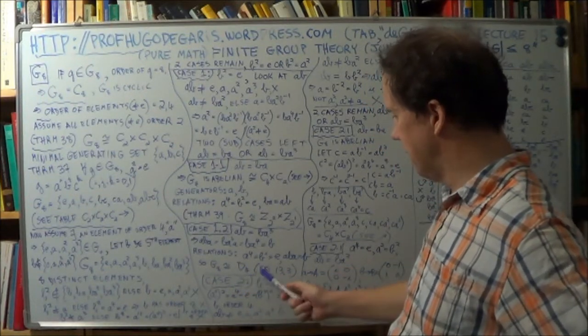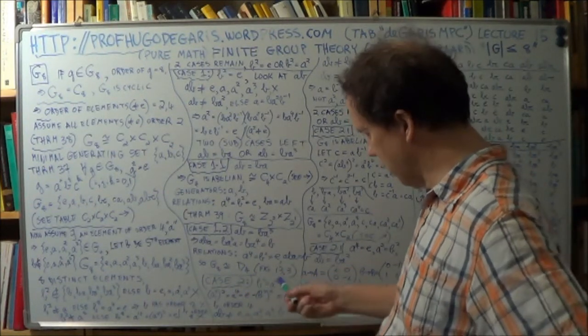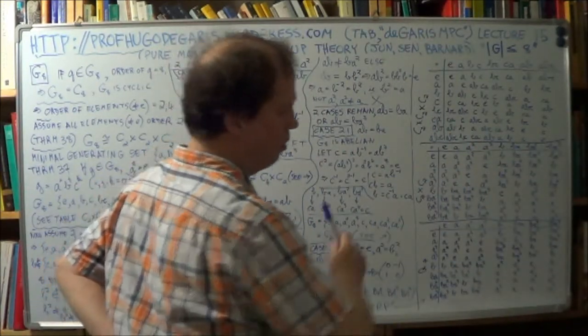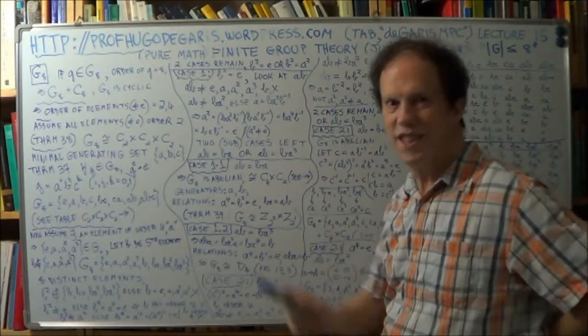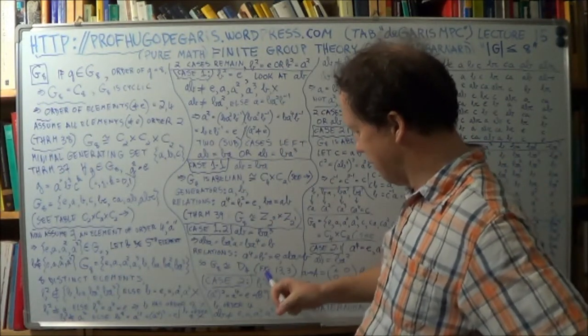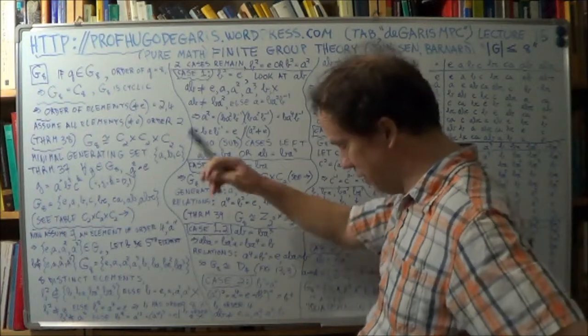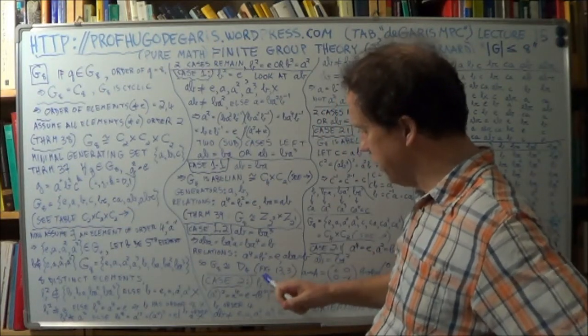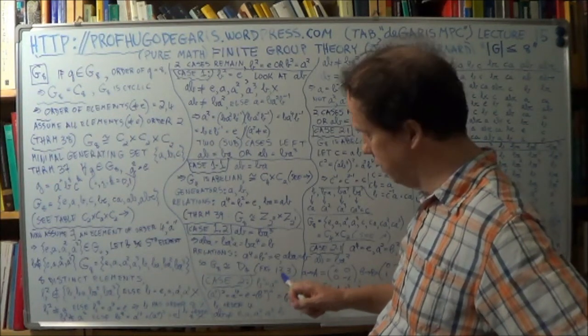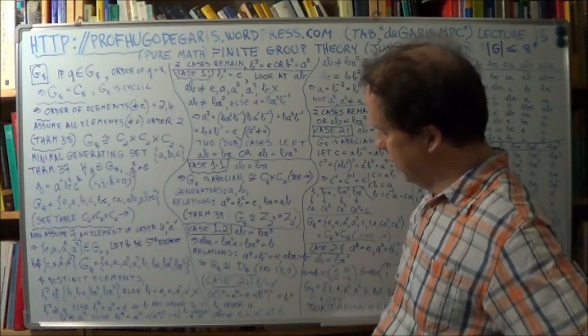Okay? Now, go to your text if you've got it. I didn't have space, and I didn't want to write out yet another 64 entry group table, because I've written it out before in these lectures. So if you have the text, go to figure 13.3 for the table for D4.